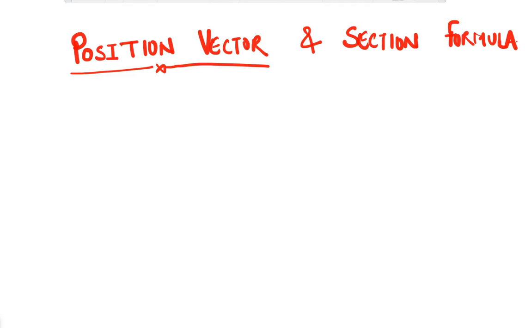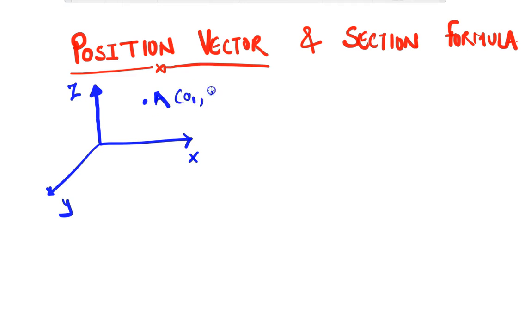So let's think about three dimensions: x, y, and z. And if you have any point A with coordinates A1, A2, A3 with respect to a certain origin O, right?